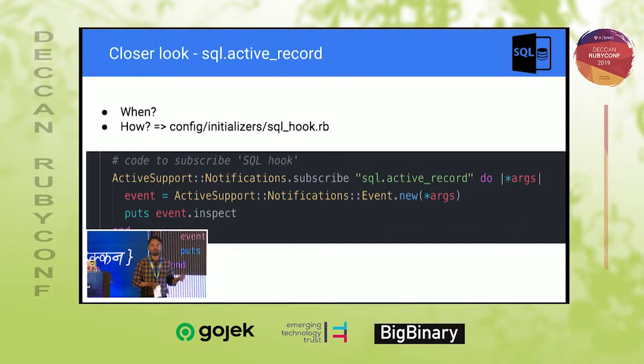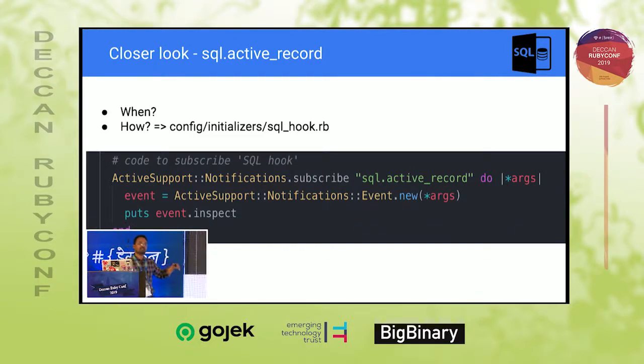Now, how can you subscribe to that particular hook? You need to have a piece of code, as shown in the slide, in the initializers of your config directory. Let's say I declared a SQL hook listener inside my initializers directory with an ActiveSupport::Notifications subscribe call, followed by the hook that I want to listen to. This is the SQL Active Record hook.